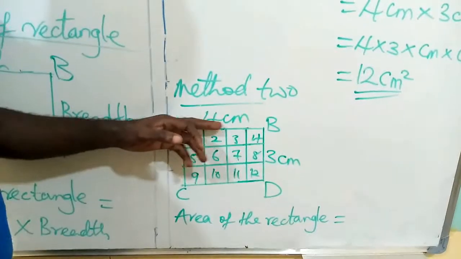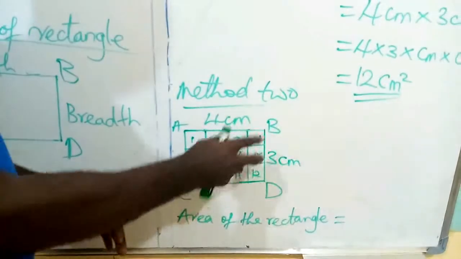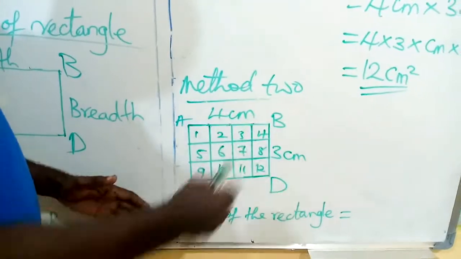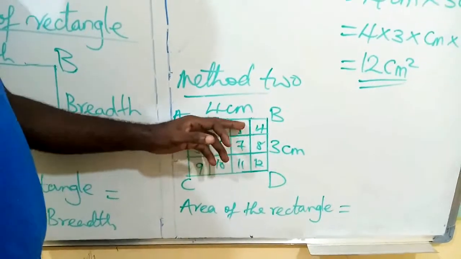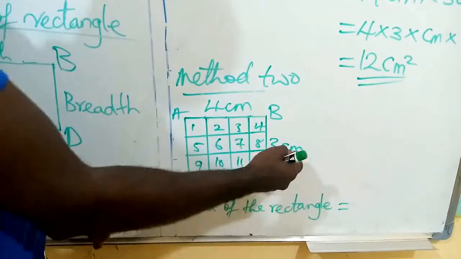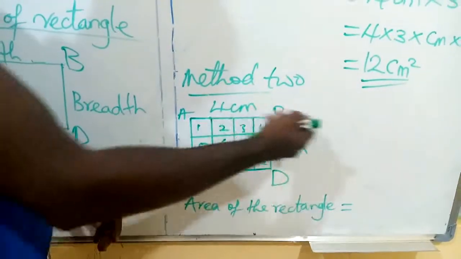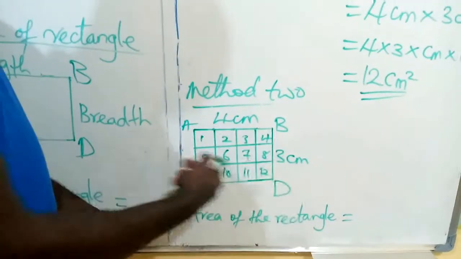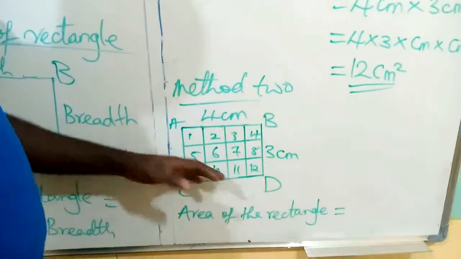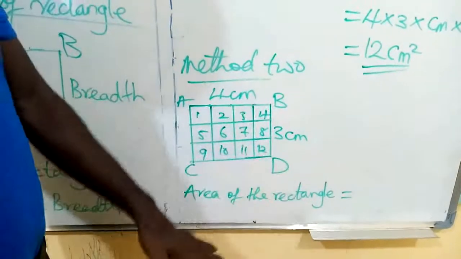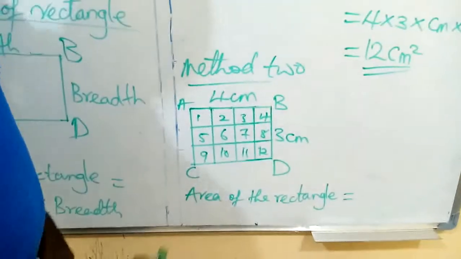Since we have 4 centimeters, we're dividing the shape into 4 equal parts. That way we have 1, 2, 3, 4. So here is 3 centimeters for the breadth. So we divided from the breadth BD to AD, we drew lines that divided the shape into 3 equal parts.